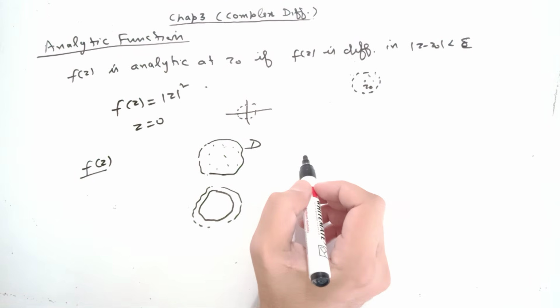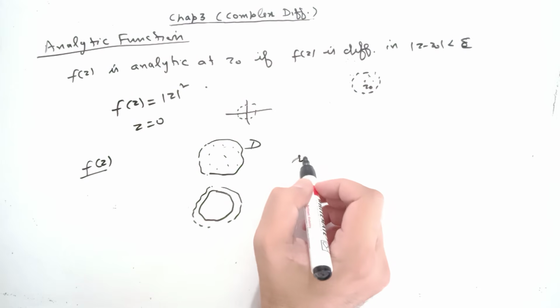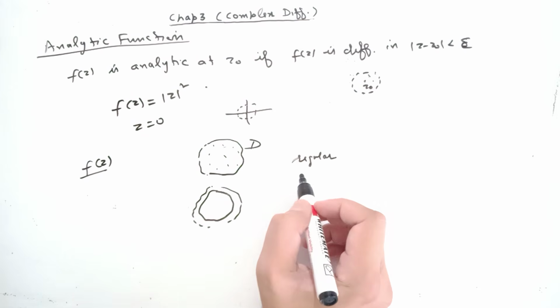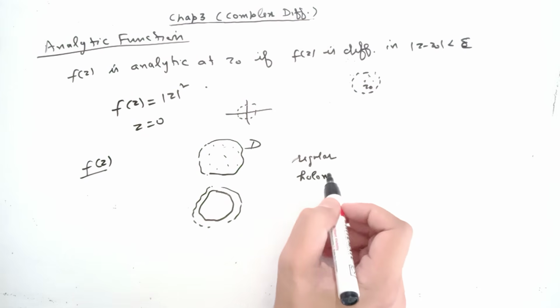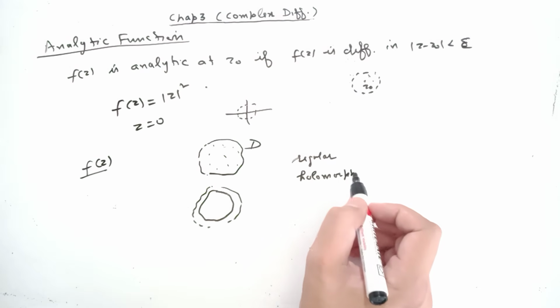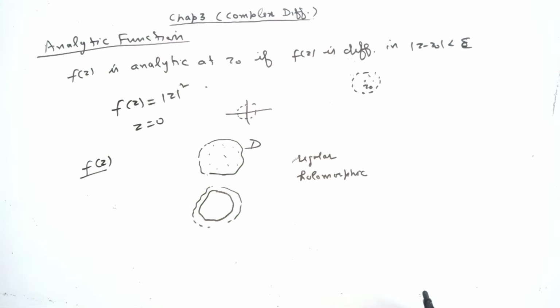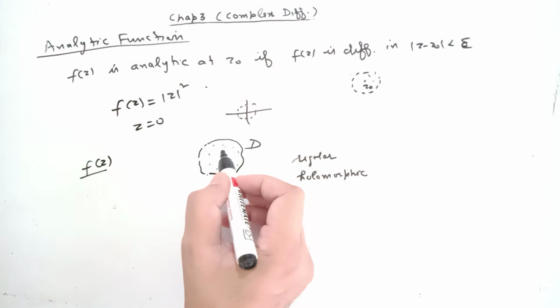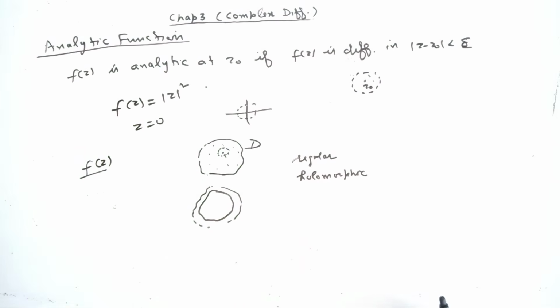There are some other terms also used for analytic function, regular or holomorphic. These are synonyms of analytic function. So the idea is that the function is analytic in a domain if it is differentiable at every point of the domain. Differentiable at every point, then for every point you can construct a neighborhood inside this domain where the function is differentiable. So it is analytic naturally there. So definition of analytic function is very important for further discussions.